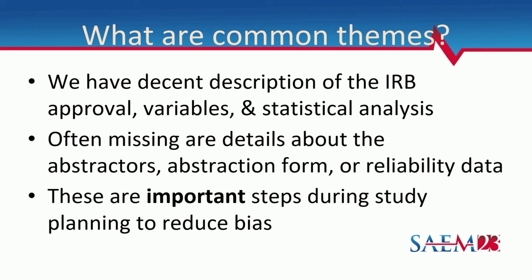A lot of chart reviews are before and after analyses, so you could maybe blind your abstractors to the date of whatever the protocol change, or there are ways to do it where they're not blinded completely, but there's some aspect of it that they're blinded to, and that at least shows that you made an attempt to reduce bias.